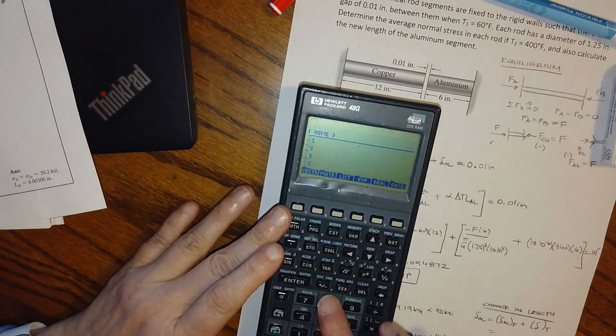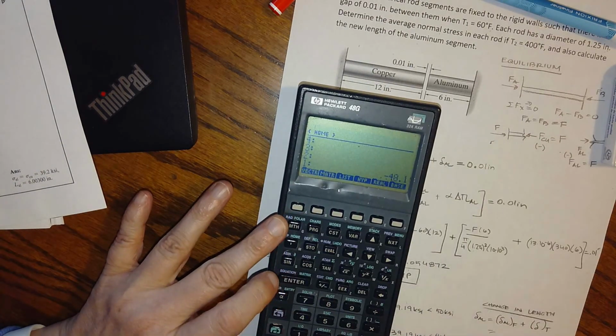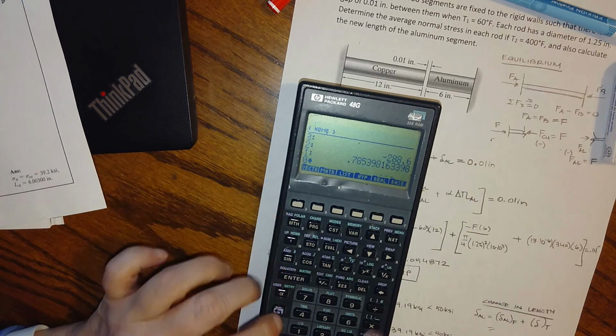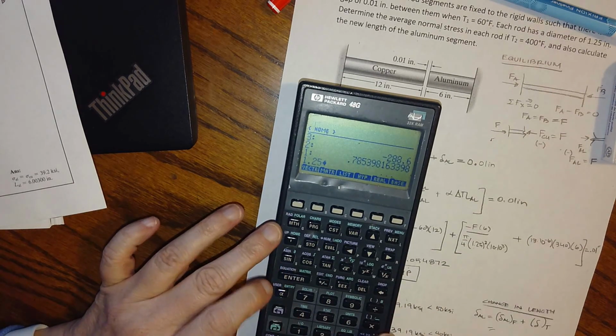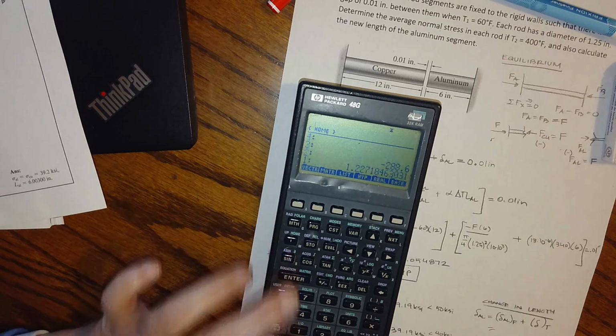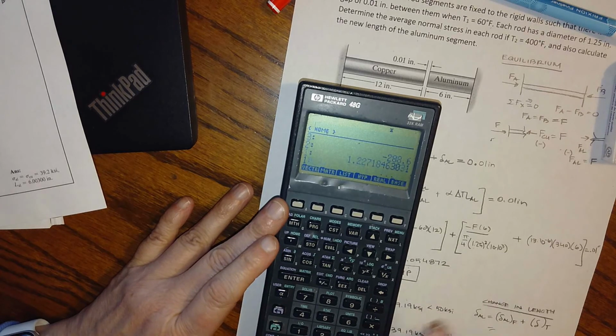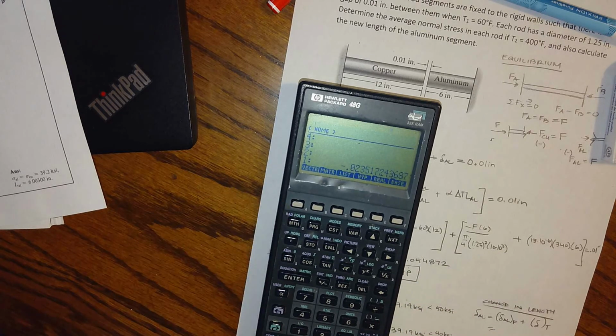Let's try that again. 48.1, 6 times pi over 4, 1.25 times 1.25, times 10 e to the third, divided by, if I did that right.